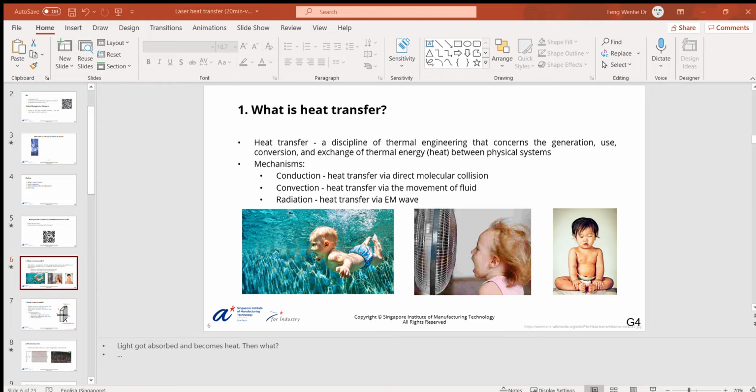I write it as E in the unit of joules, followed by two heat coefficients. First one being the heat flow or heat transfer rate, Q. The unit is joules per second, or you can also write it as watts. And lastly is the heat flux, which is the heat transfer rate divided by the area. And it has a unit of watts per meter squared.